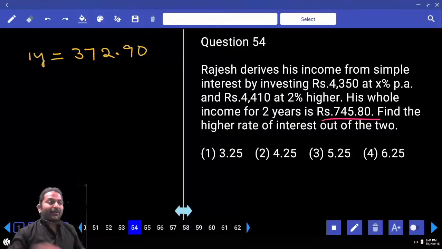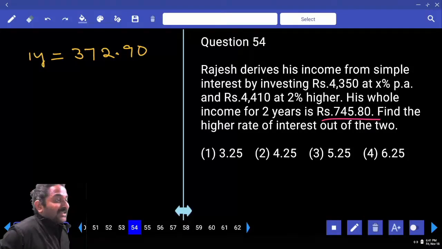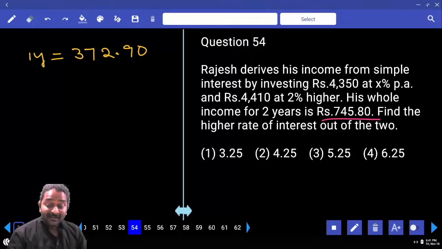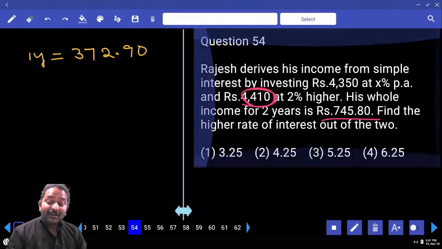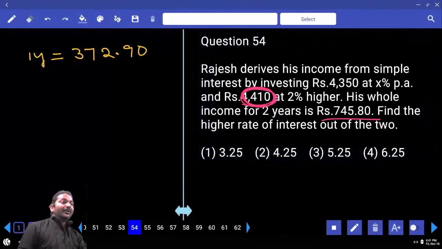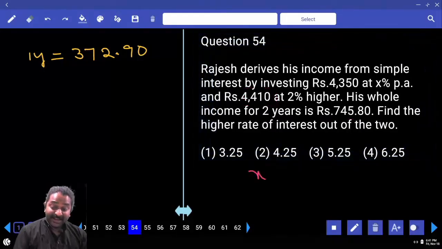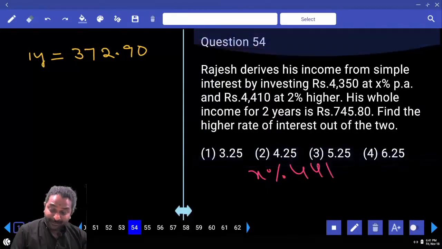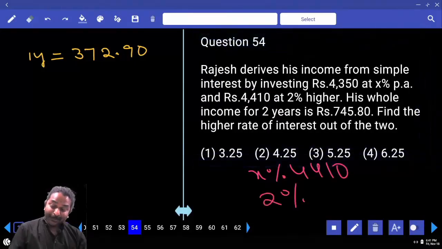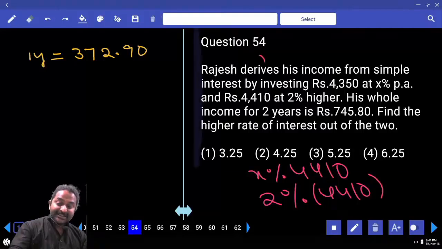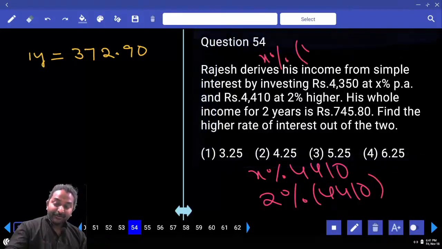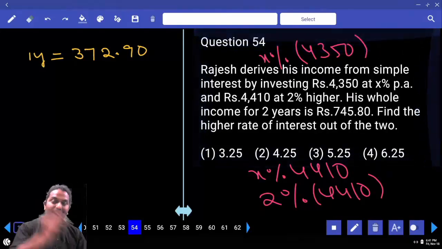On first scheme, what is the rate of interest? X%. On the second scheme, what is rate of interest? X plus 2. Percentage calculated on 4410. Can I take it as X% of 4410 and 2% of 4410? First year interest is X% of 4350.